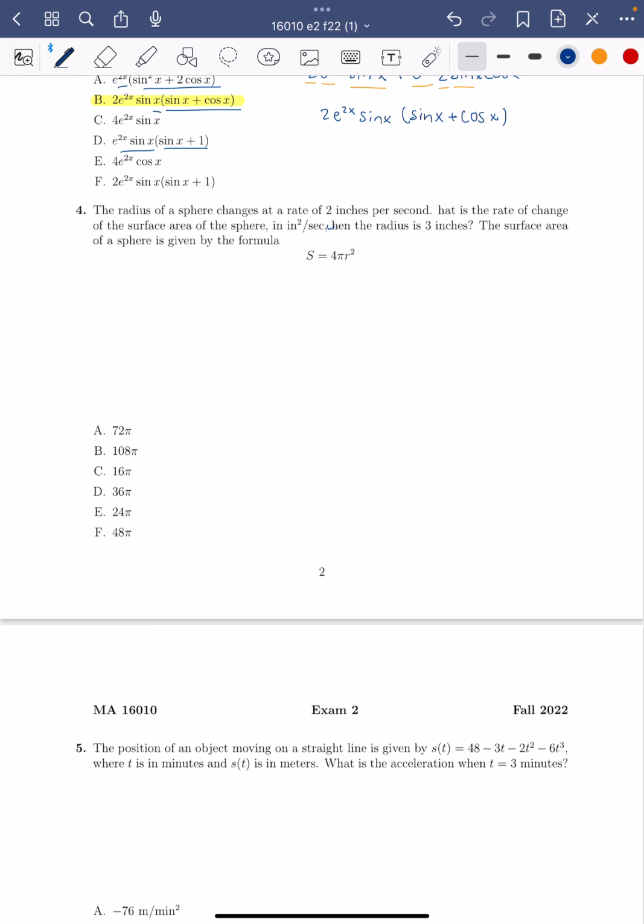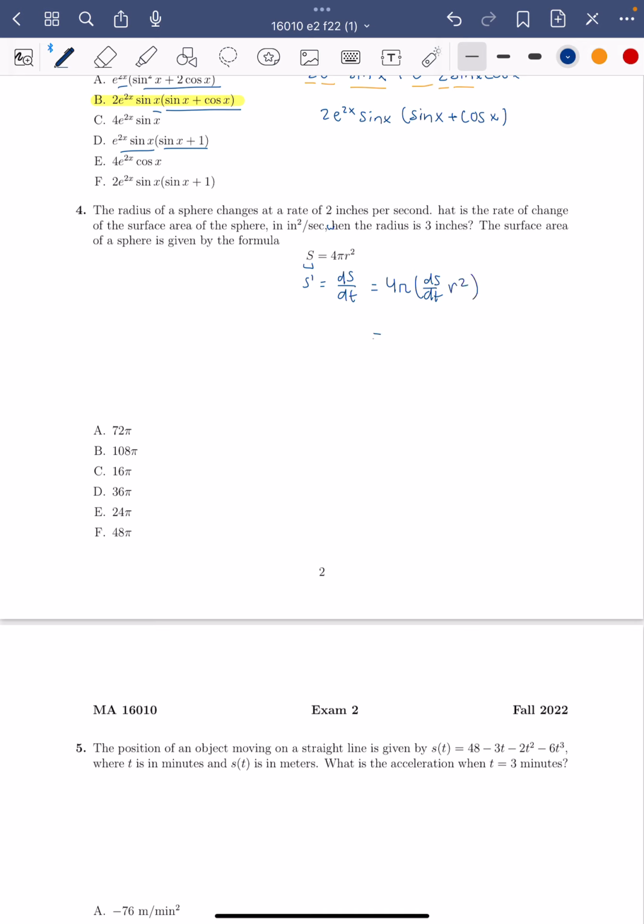So we're going to find the derivative of the surface area of a sphere. So we would get S prime, and S prime equals dS over dt, the rate of change of the surface area with respect to time, equals 4 pi times the derivative with respect to time of r squared.